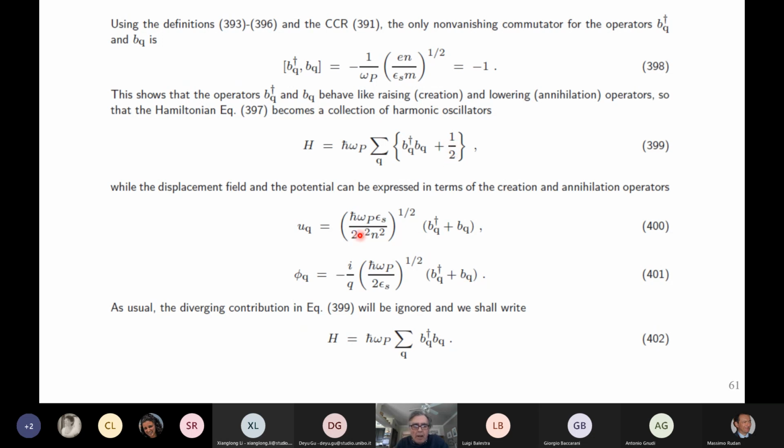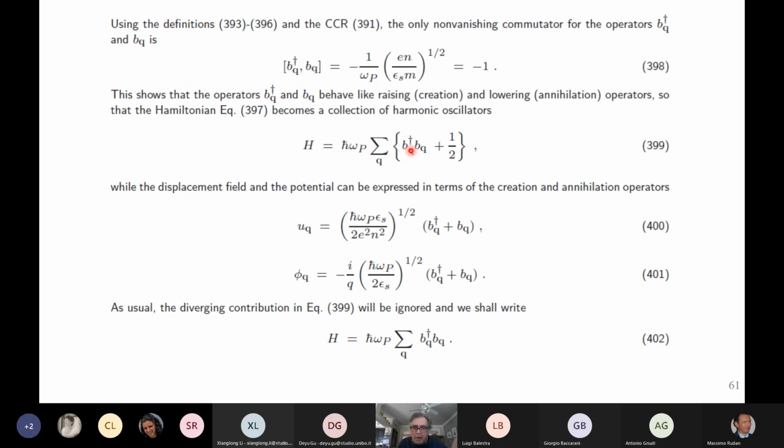The U and the phi, the displacement and the potential, can now be operators, because we have expressed everything as operators over my Fock space for bosons now. They are functions of the creation and annihilation operators of the plasmons. So notice again that the Hamiltonian is a collection of harmonic oscillators. As for electrons, we had the C dagger K, CK for free electrons.